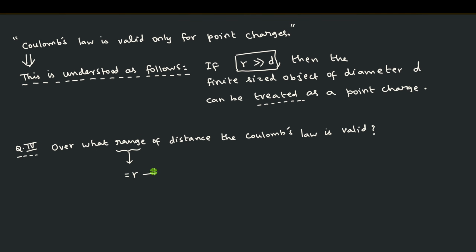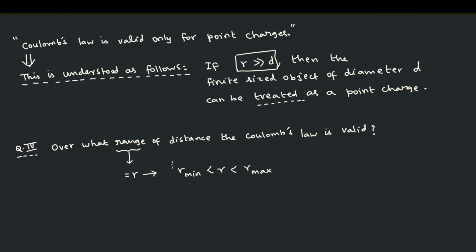So R is the distance in Coulomb's law, and you are asking the question: you tell me some maximum value of R. So I will write it down as R maximum. And you also tell me some minimum value of R. So I can write it as R minimum.